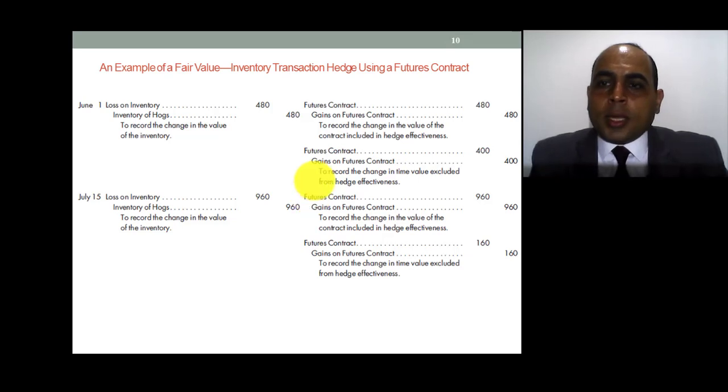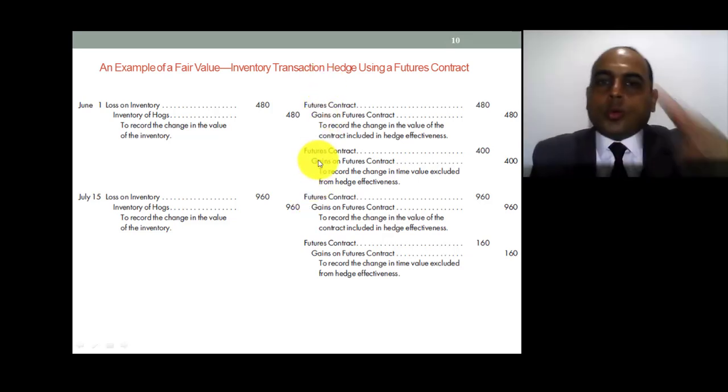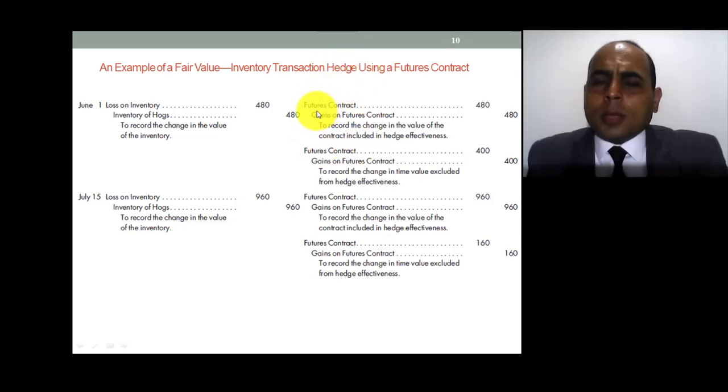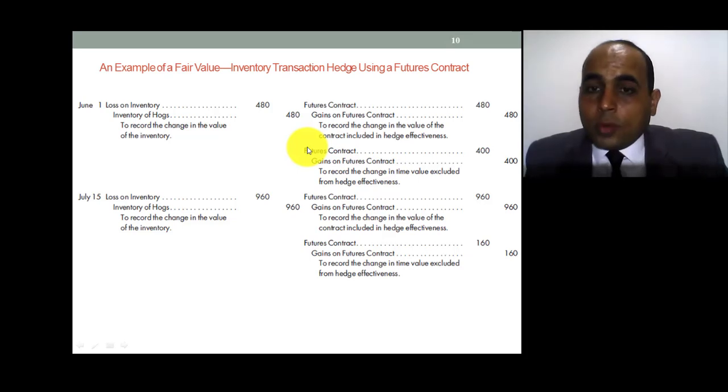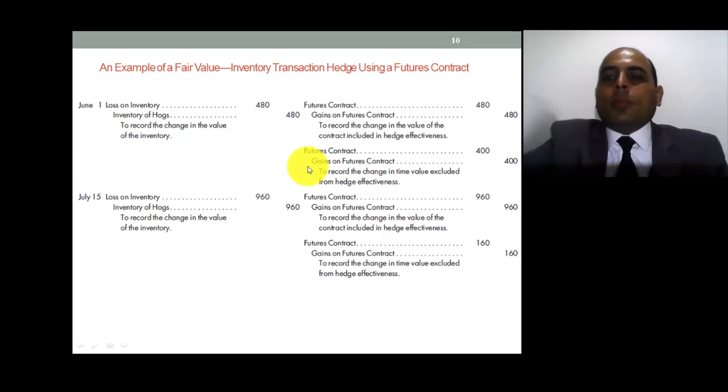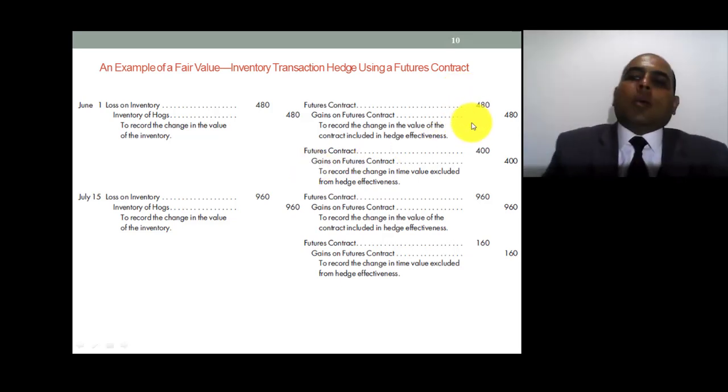How will we record it? As one entry or as two separated entries. To simplify it, record it as one entry. Future contract in total 880 debited. Gain on future contract credited by 880. Or you can separate it like this one, to record the change in value of the contract and to record the change in time value excluded from this amount, 480.